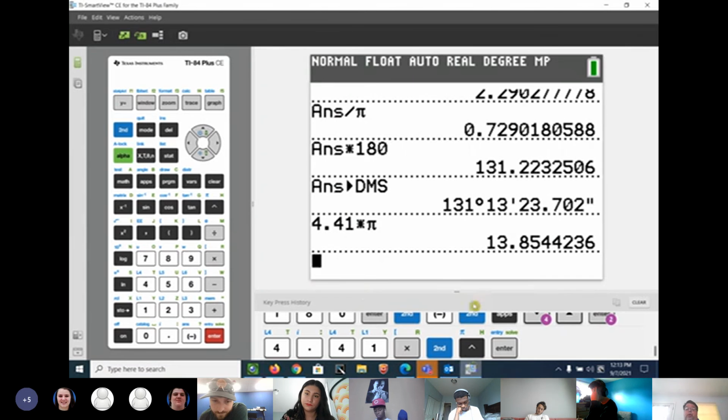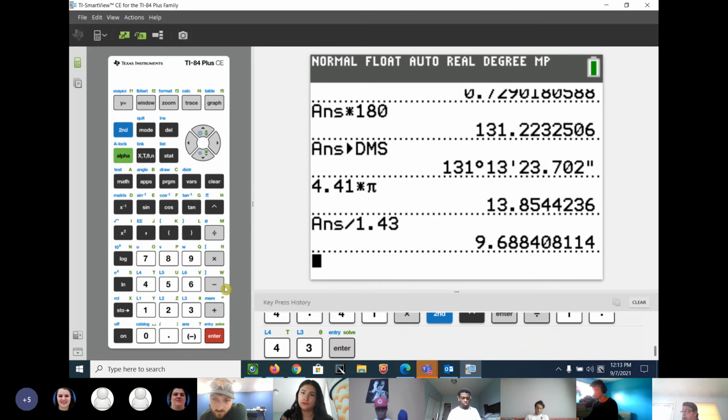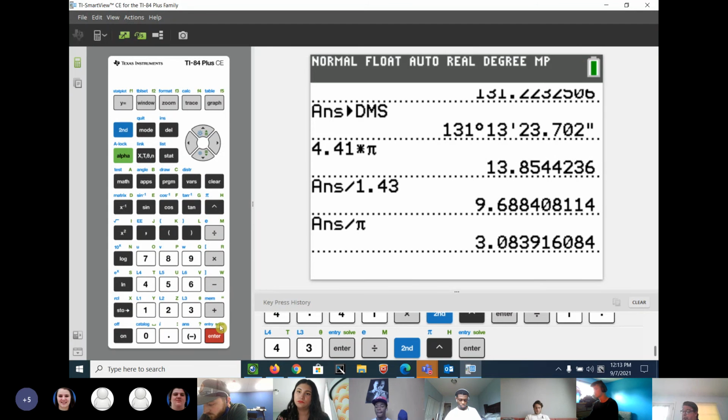So 13.85 divided by 1.43. And divide that by pi. And multiply by 180.